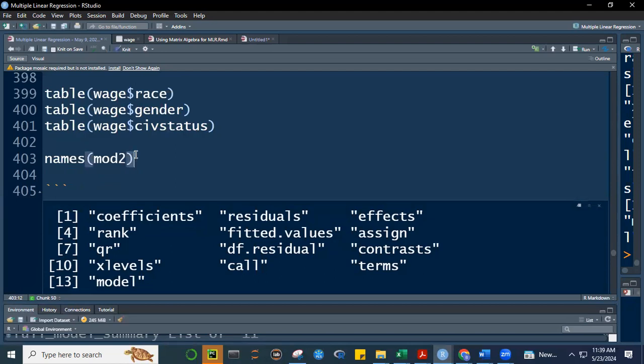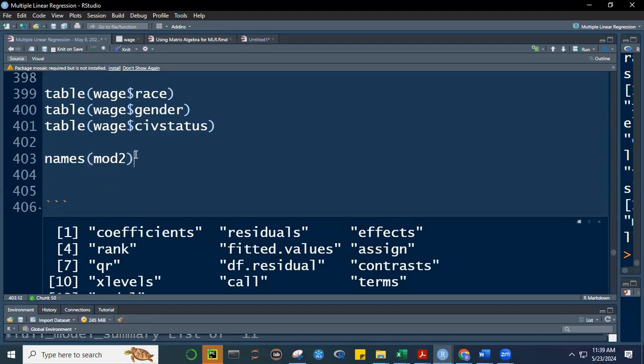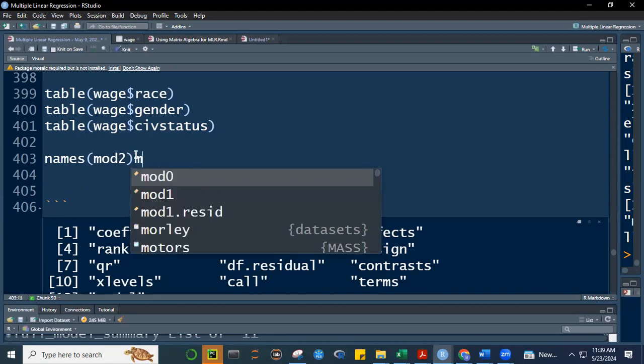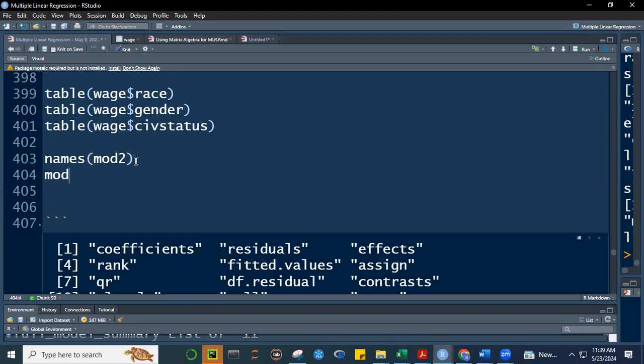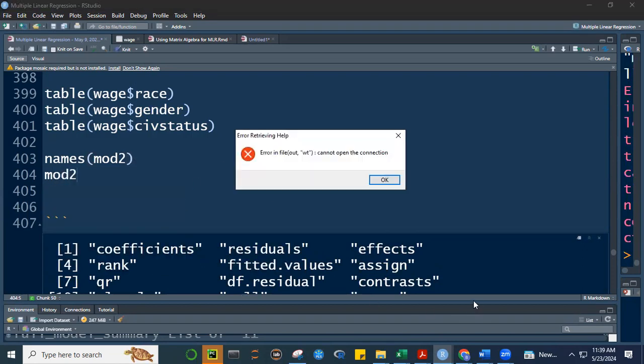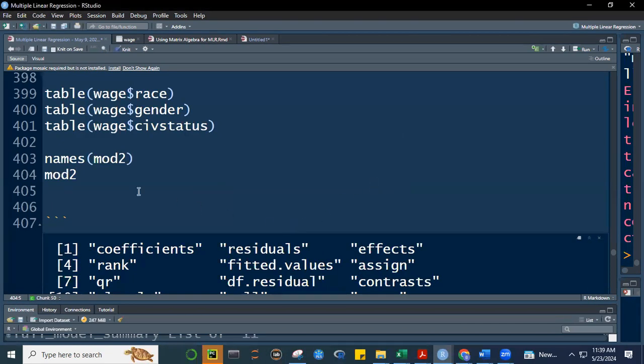How do I access the objects inside mod2?